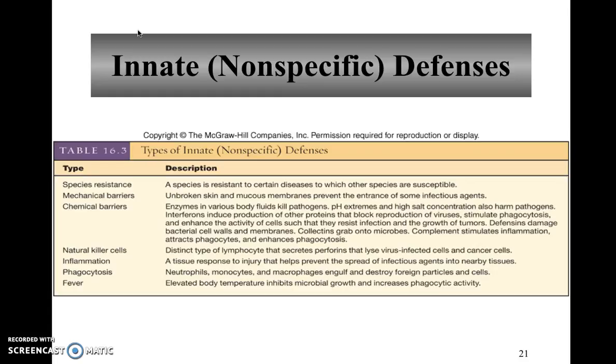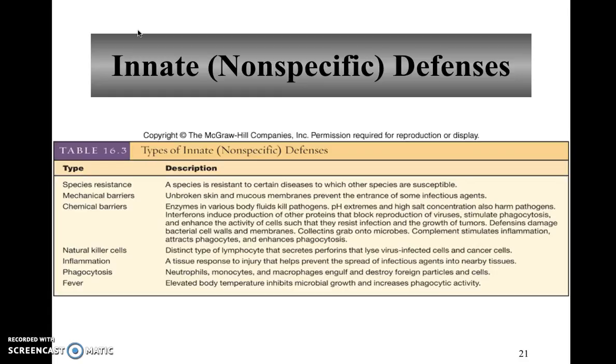On our skin, we also have bacteria that naturally live there that help prevent the harmful bacteria from growing. And then there are what we call chemical barriers. These are various chemicals, enzymes, pH extremes, salt concentrations that can harm pathogens, that keep pathogens from growing in and on our bodies. We have chemicals that our body makes when we're infected, things like interferon, which blocks the spread of viruses.